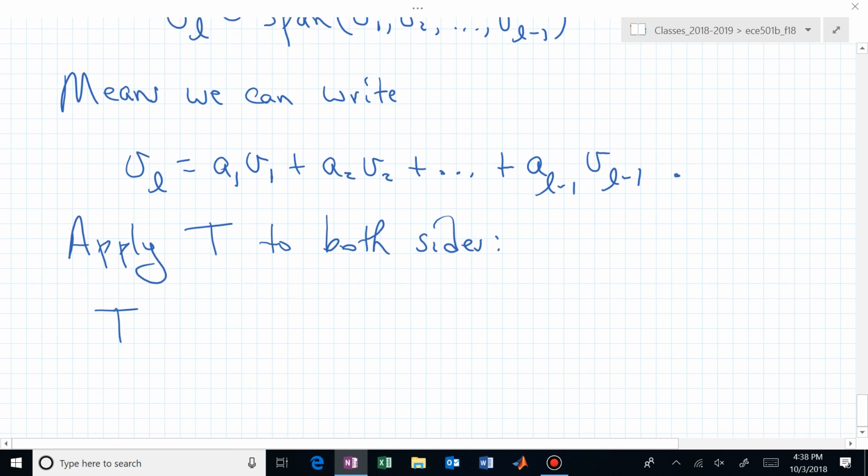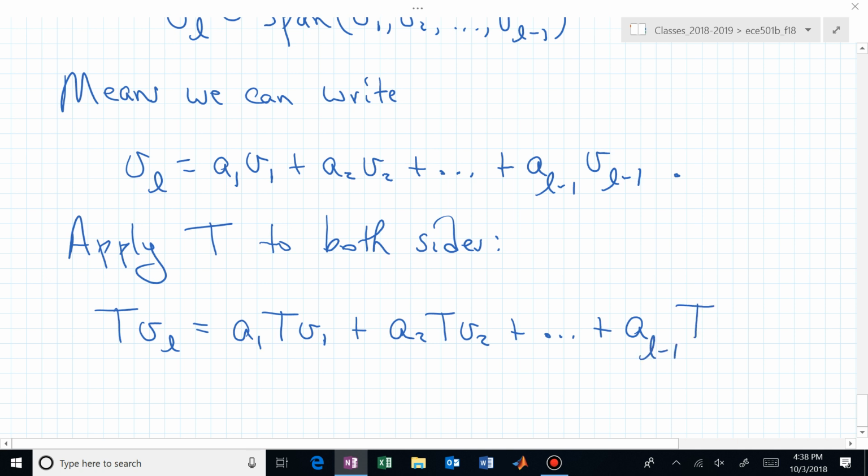I now have T v sub L is equal to, and let me slide the scalars to the left of the operator, a1 T v1 plus a2 T v2 on through to a sub L minus 1 T v sub L minus 1.